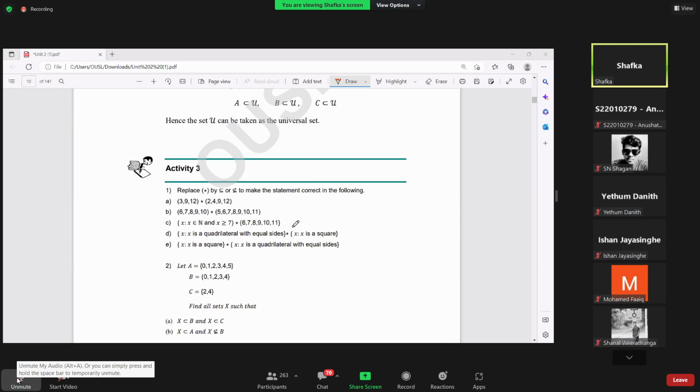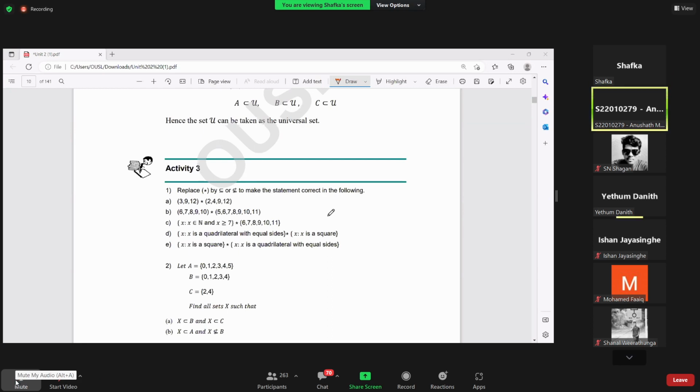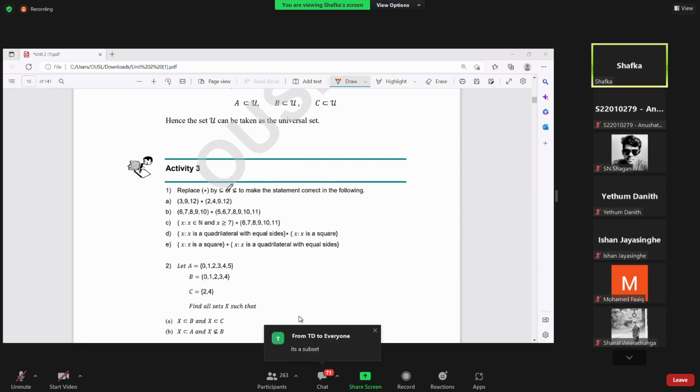Then what about this? Can we use either this symbol or this one? No. Not a subset. We can't use either side.